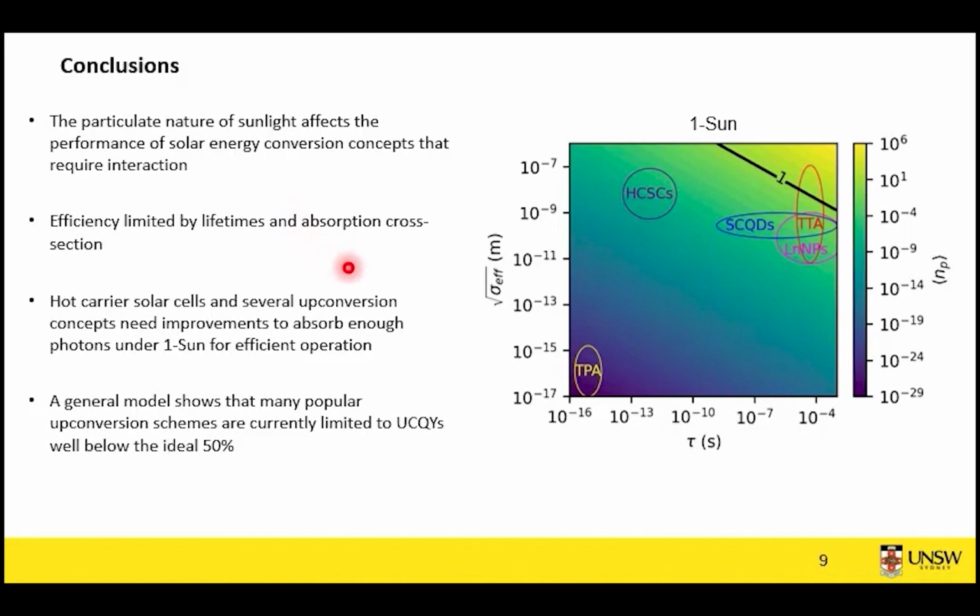We've also studied the literature and found that hot carrier solar cells and several upconversion concepts need improvements to absorb enough photons under 1 sun for efficient operation. We've also shown a general upconversion quantum yield model that shows that several popular upconversion schemes are currently limited to UCQYs that are below 50%.